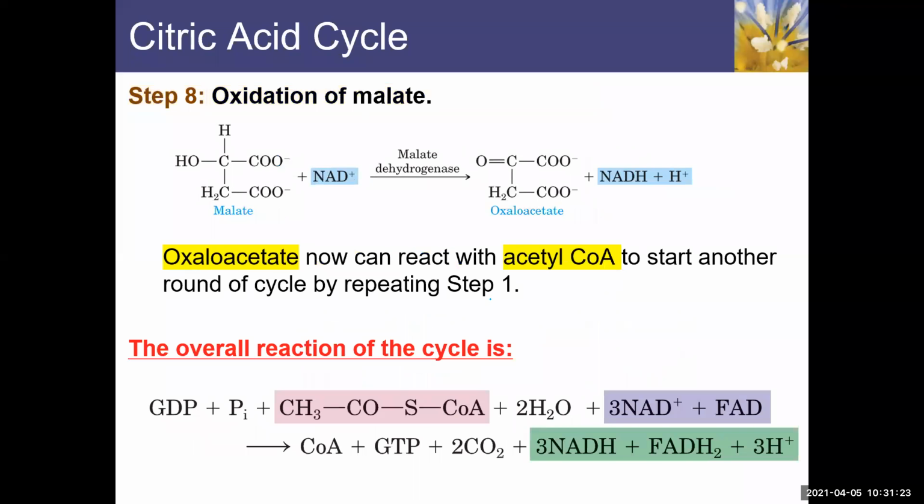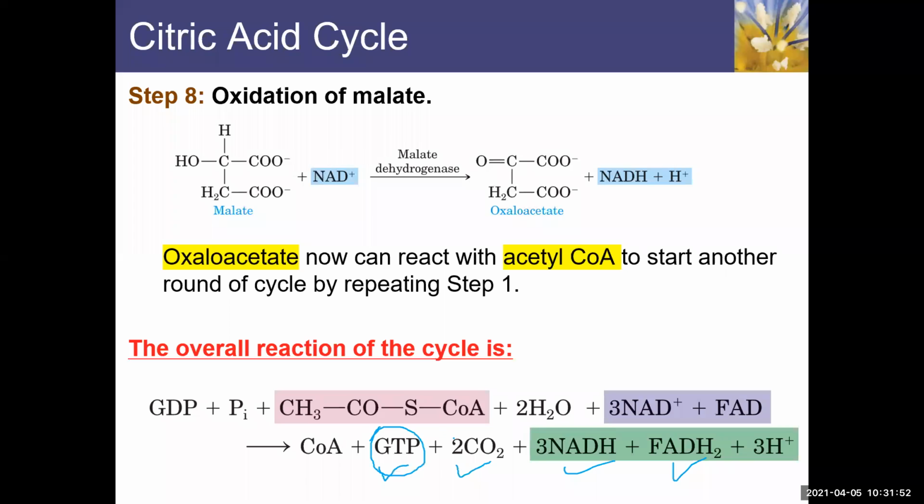So that is all you need to remember about the 8 steps of the citric acid cycle. Okay. So as we already discussed, we produced 3 NADH, we produced 1 FADH2, right? And we produced 2 molecules of CO2. This is per molecule of acetyl-CoA, remember that, right? And we produce 1 molecule of GTP, right? We are interested in these things.